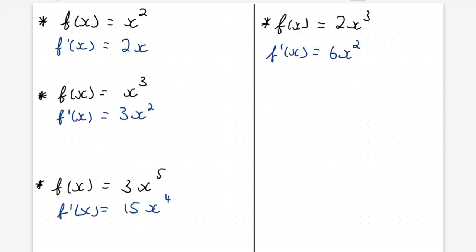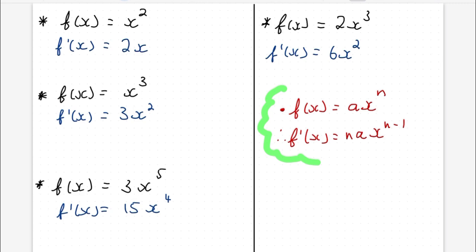So in other words, if I were to put this in a general formula, I would say whenever you're told that f of x is equal to some coefficient a, x, and some exponent n, then its first derivative would be n times a and x to the power of n minus 1. This is the more formal formula of how to derive, but you actually don't have to stress yourself or memorize it at all.